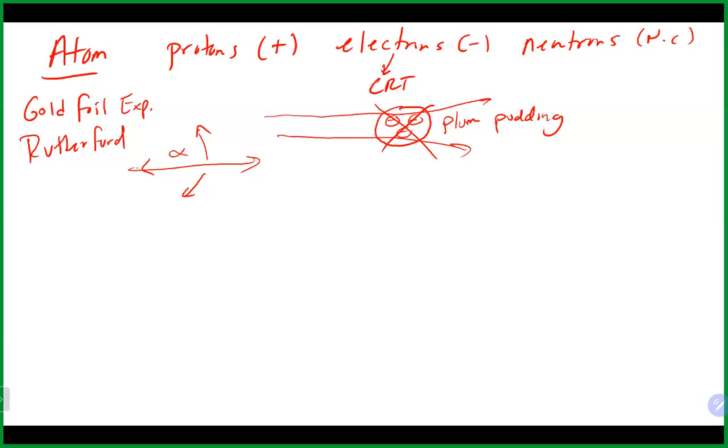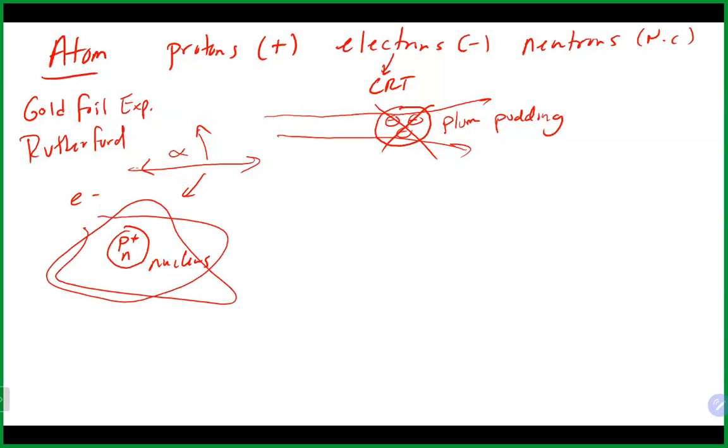The idea is that what those alpha particles hit was a really dense positive core, which is known as the nucleus. In the nucleus is where we have our protons and our neutrons, with the protons being positively charged. In the empty space, where the particles sailed by with no problem, is where we find our electrons, randomly moving about the nucleus.